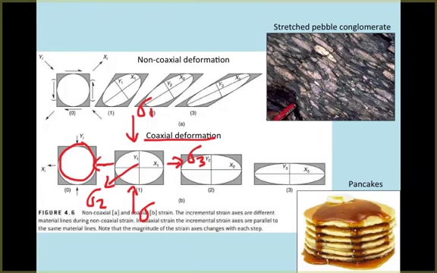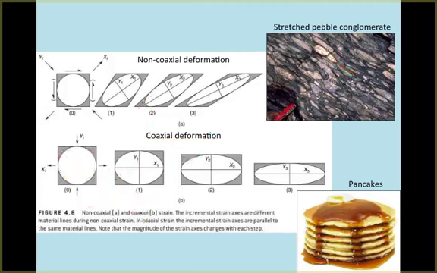And what that results in is a flattening, or, as I like to point out, a pancaking of a rock. So instead of a stretched pebble forming a lineation, we're actually forming little pancakes out of those pebbles.